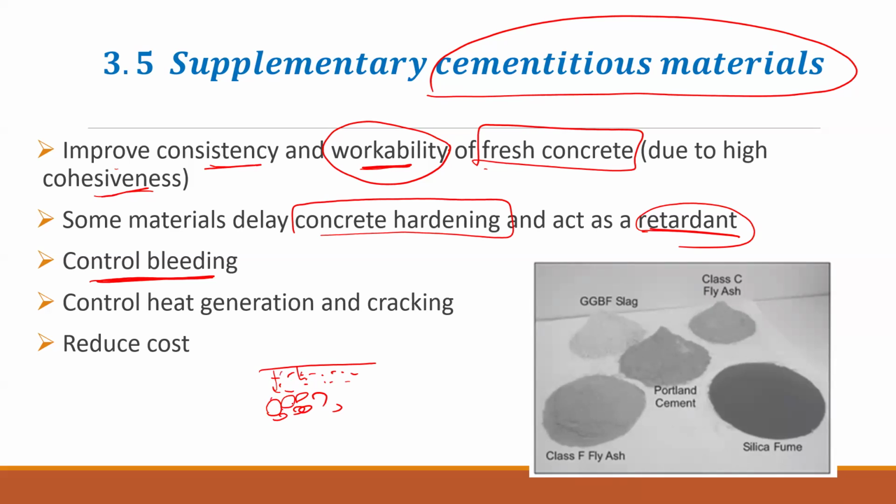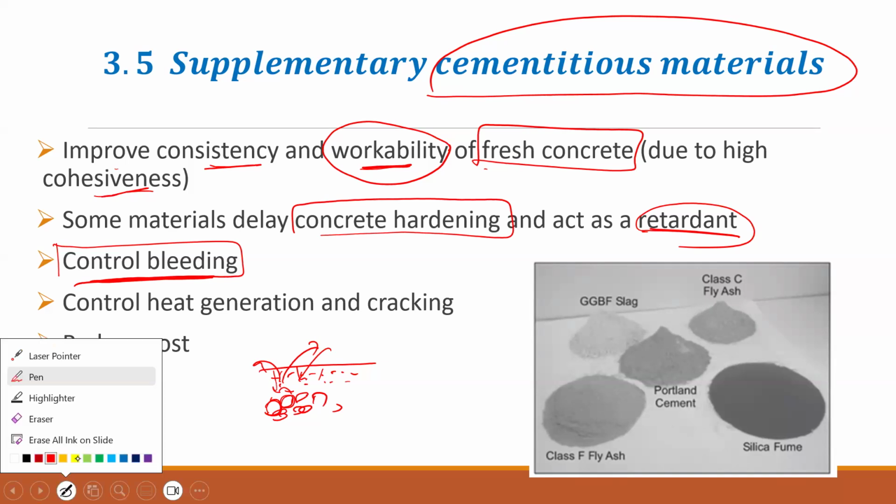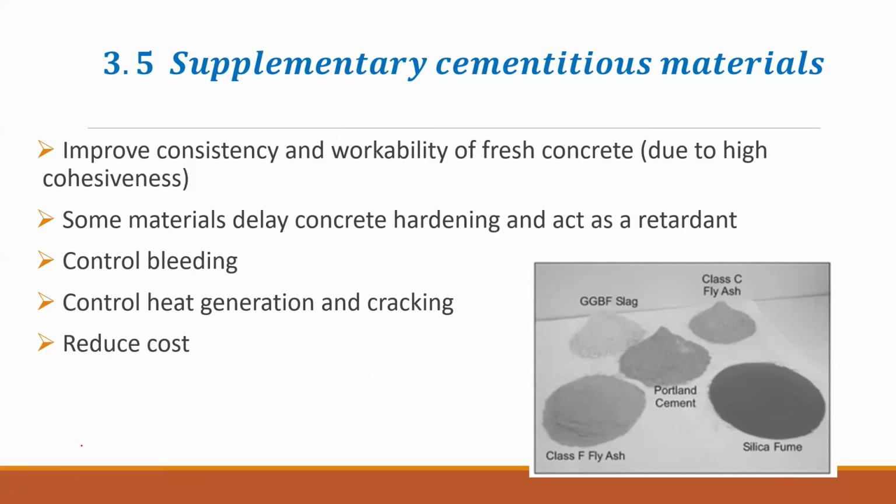We need a consistent concrete mix, because when you have bleeding, you can see these particles coming out, and also there is not enough bond between the aggregates at the bottom. So bleeding needs to be controlled. We will learn how to do it later on as well. Having cementitious materials can control the bleeding. Also it controls heat generation and cracking, and it reduces cost, as I have mentioned.